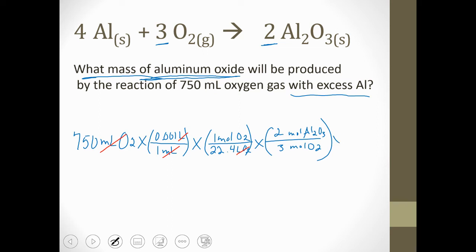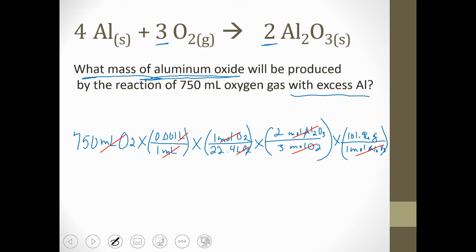But it says what mass, so I need another step. I previously added up the molar mass of aluminum oxide. It is 101.96 grams in every mole of aluminum oxide. Again, going back and examining my units, I set it up right because my moles of oxygen divide out, my moles of aluminum oxide divide out.